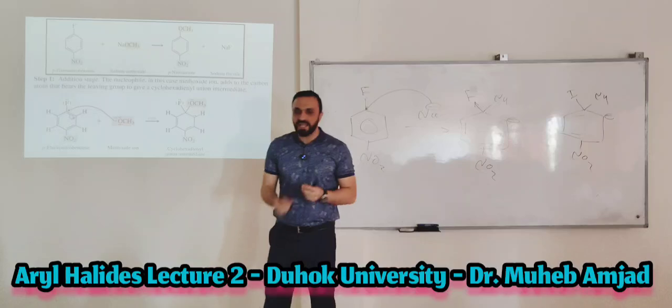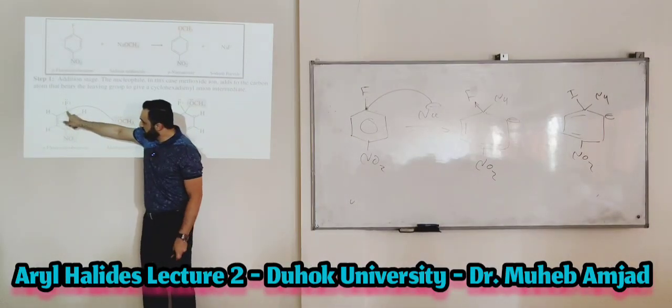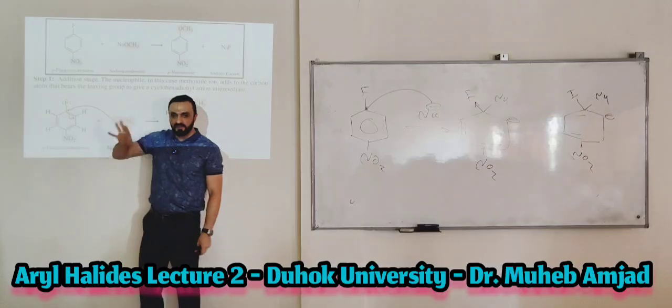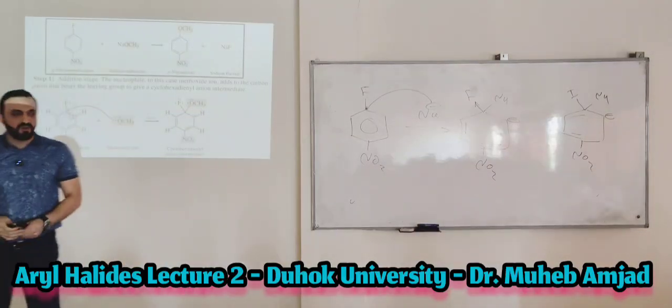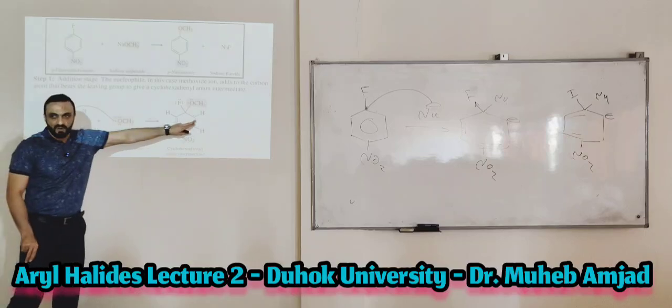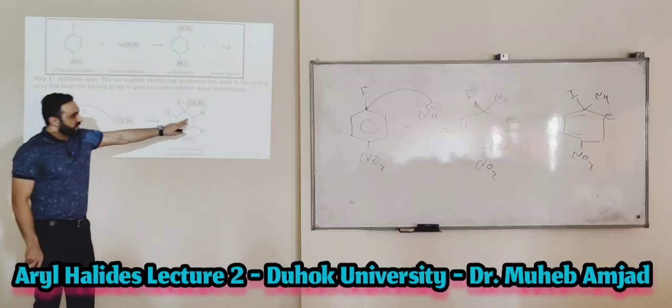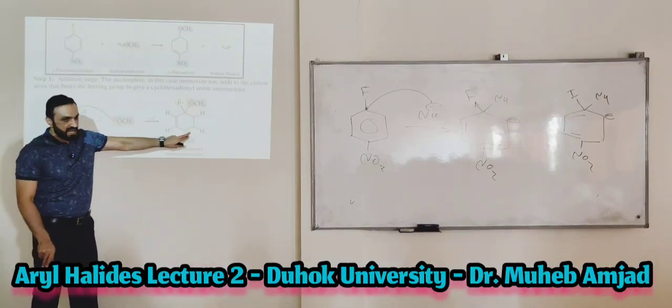So a bond will open, the weaker bond, not this sigma bond but this pi bond. The pi bond is the weaker bond, so it opens and adds to this carbon to give a negative charge on the carbon. Is this negative charge a cation or an anion? Anion, good.